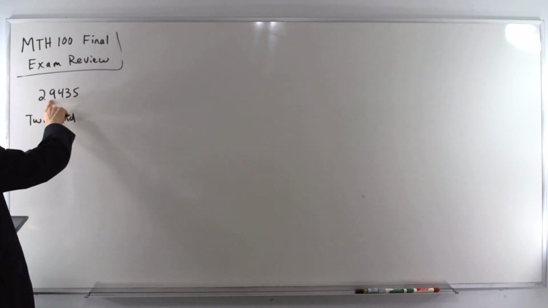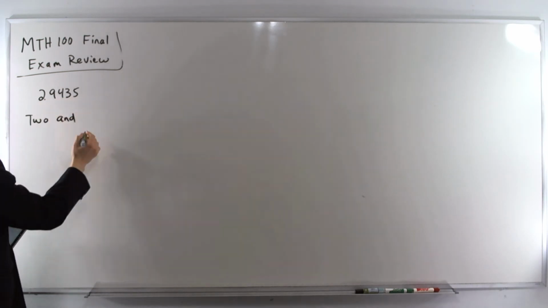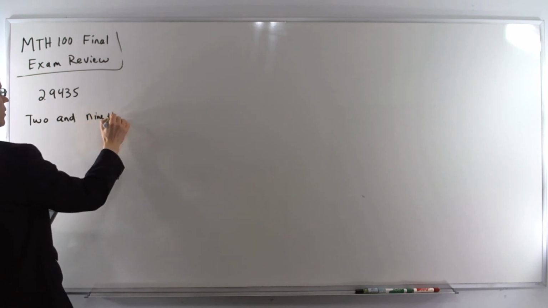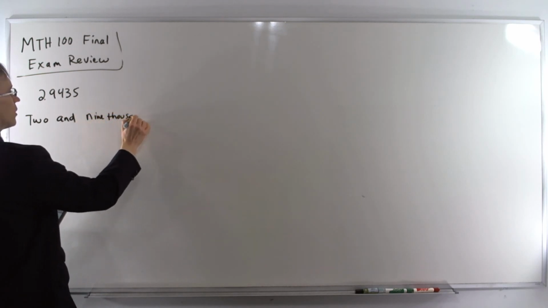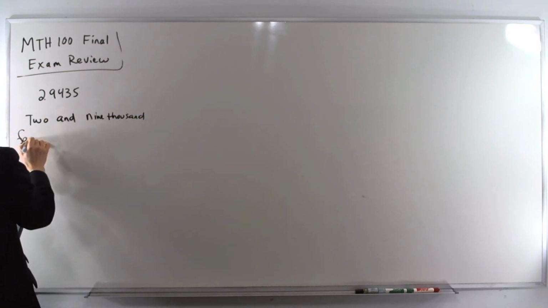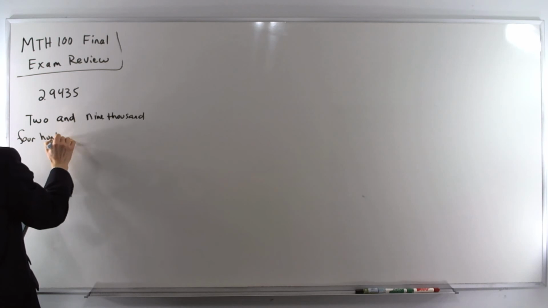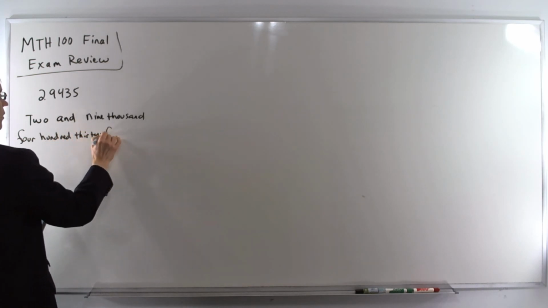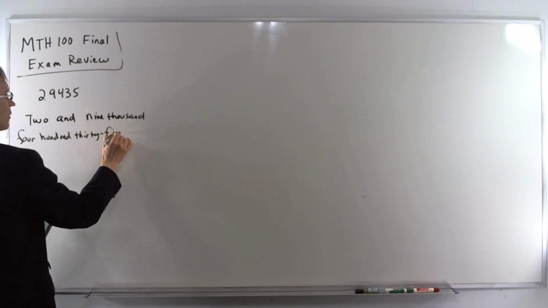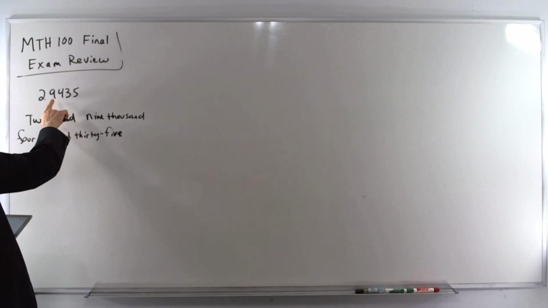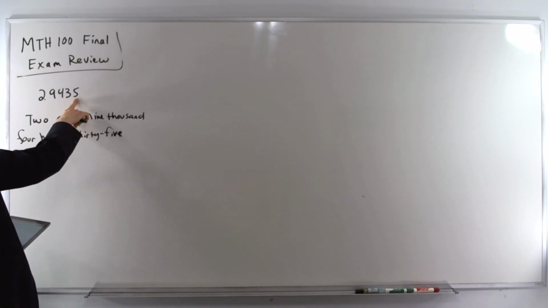And now we're going to convert this entire number into its name. 9,435. And then we need to follow this by the name of the place that the last digit sits in.